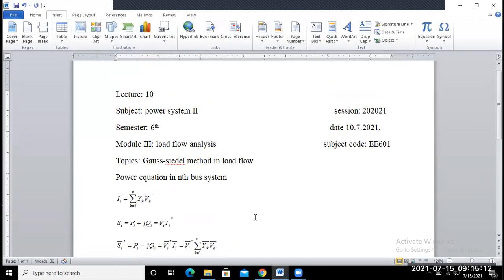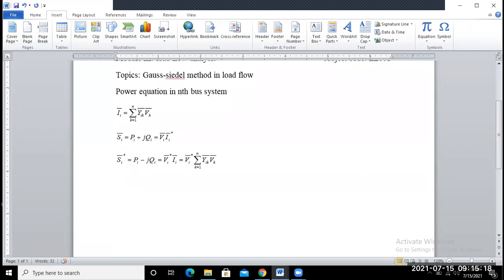Now use the standard notation for Vi, Vk and Yik. Vi equals the magnitude of Vi at an angle of delta i. I think we already derived this equation.